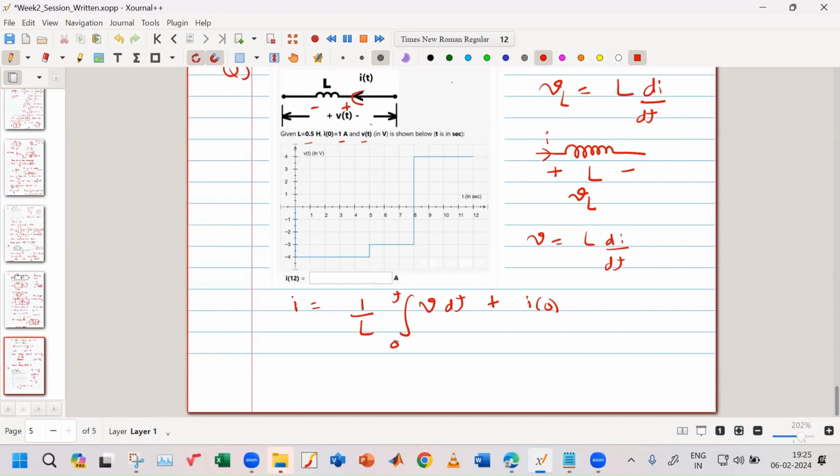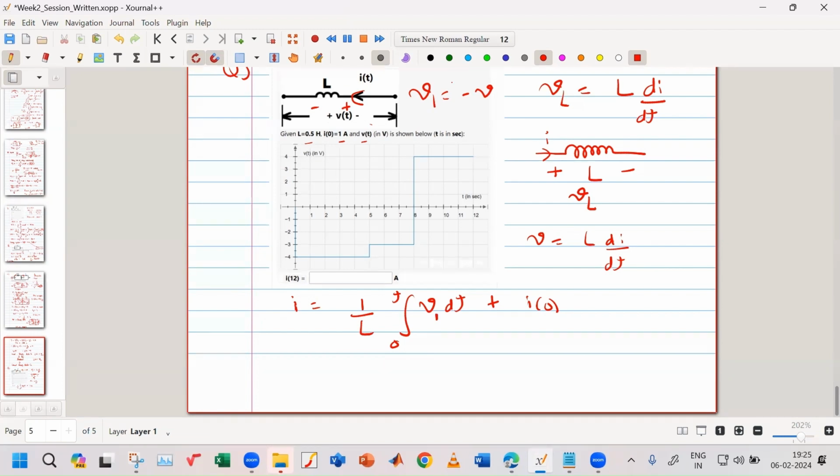In easier terms, let me write the current I as 1 by L times the integral from 0 to t of V1 dt, where V1 is equal to minus V. Is this clear?